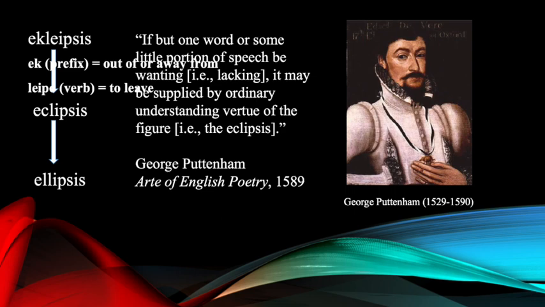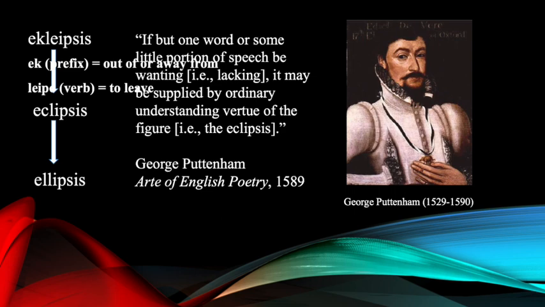In the 16th century in England, this punctuation was recognized similarly to how we recognize it today. This guy here, in the late part of the 16th century, George Putnam, notes that if one word or some little portion of speech be wanting, that means lacking or missing, it may be supplied by ordinary understanding virtue of the figure.